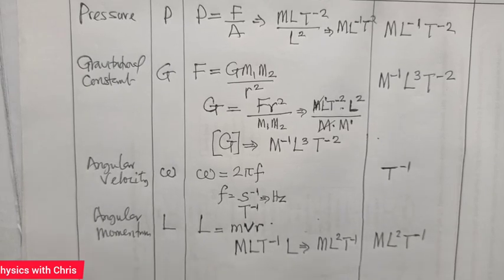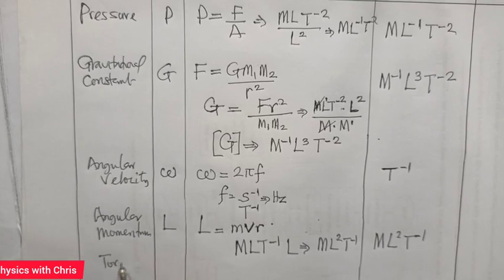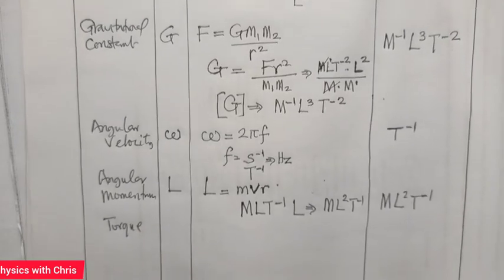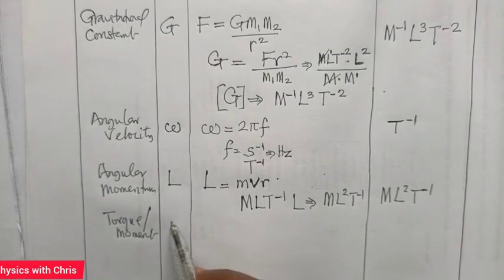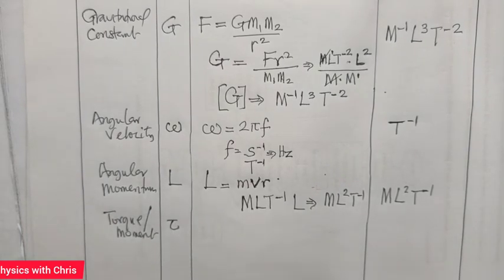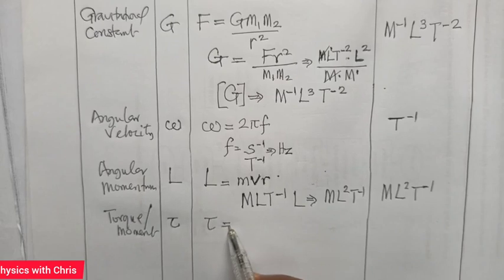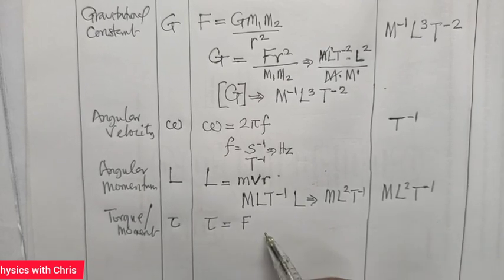Okay, how about the dimension of torque or moment? These two quantities have the same dimension, whether dealing with torque or moment. Now, moment or torque is defined as the product of one force and distance. When it comes to a couple, a couple is a system of two forces of equal magnitude, acting in opposite directions, and their lines of action must not meet, meaning that these two forces are parallel to each other.